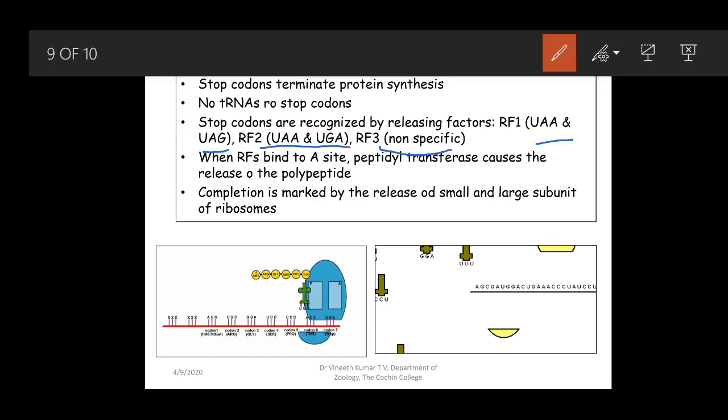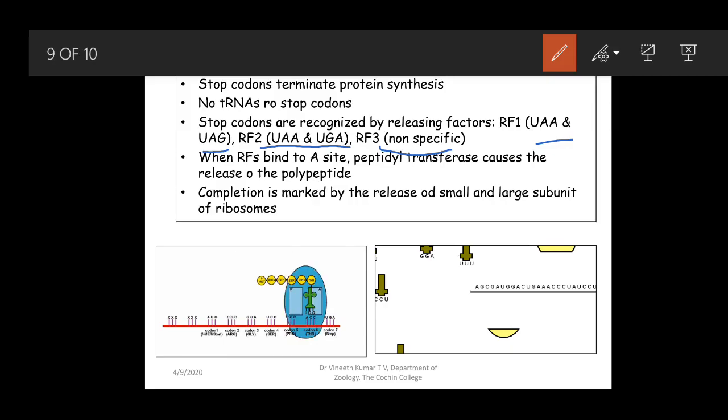So any of the 3 releasing factors, whether it is RF1, RF2 or RF3, moves into the stop codon region, the A site, where the releasing factor binds. Now the peptide transferase, which is present in the larger subunit, will search for an amino acid to form a peptide bond.